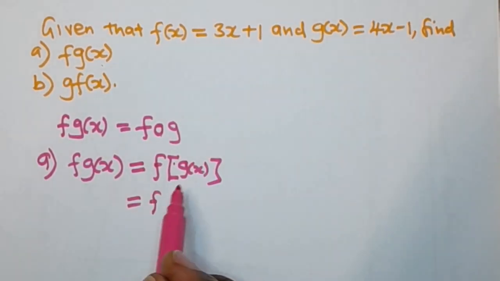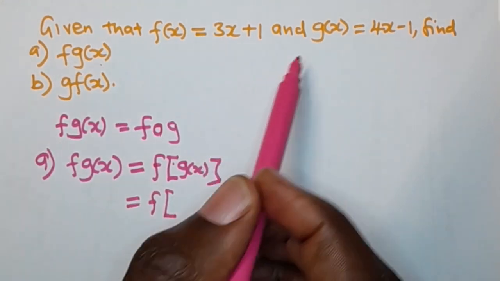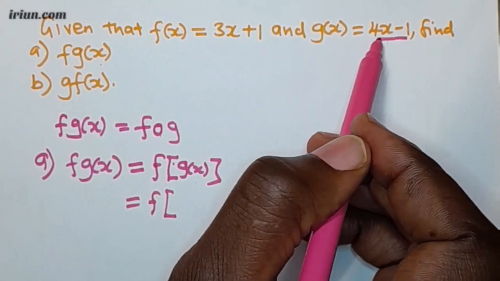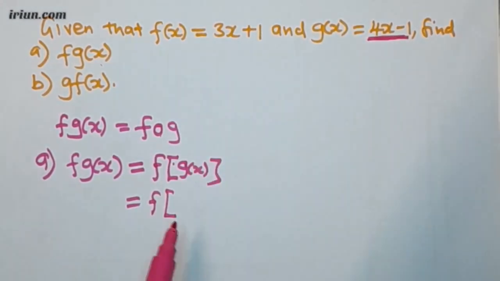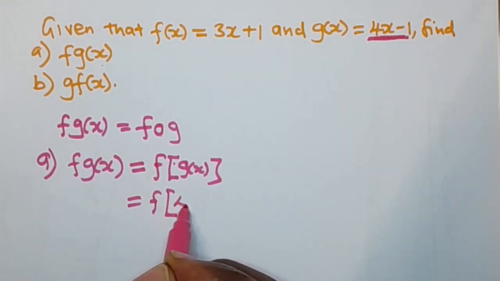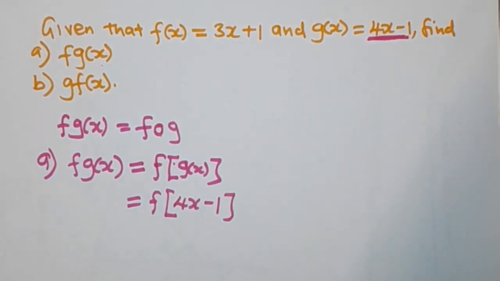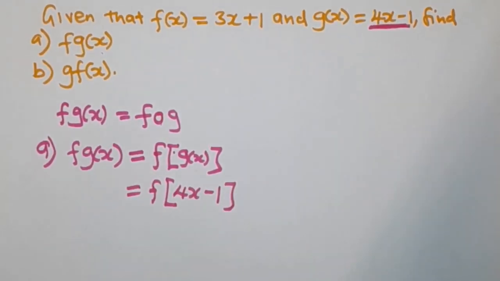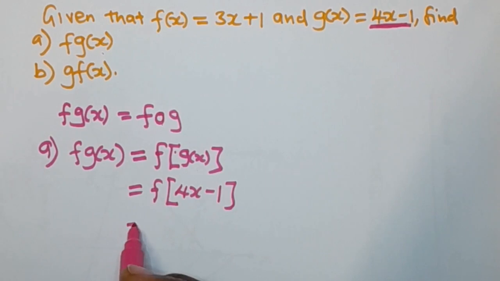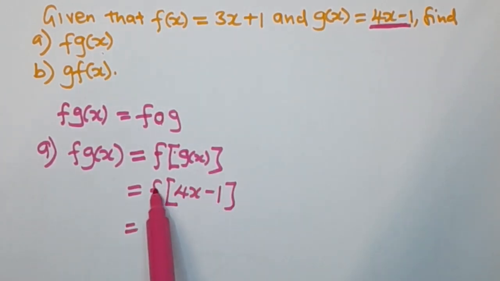So we can proceed and say f, what is g of x? G of x is this one. We've been given that g of x is this one, so we're going to put it inside. Here in the brackets, we have 4x minus 1. Just as I said earlier, this function is inside the function on the left.